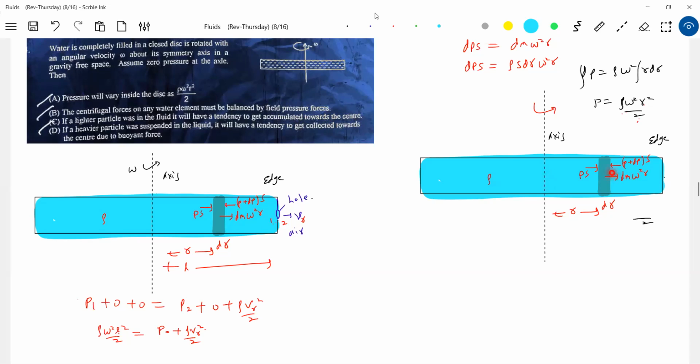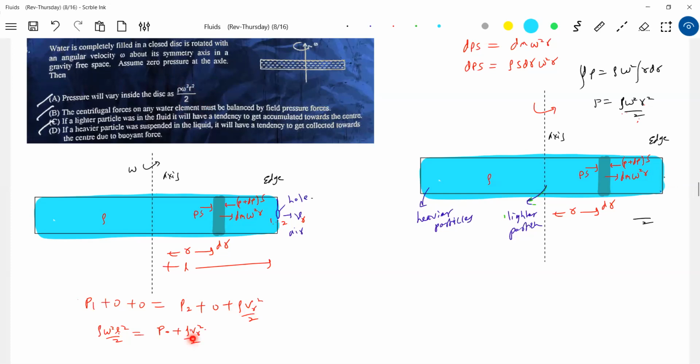Lighter particle, mass will be less, so the heavier particle will be here and the lighter particle will be here. If lighter or heavier particles are in this rotating liquid column, they will settle accordingly. And if a small hole is made, the velocity of efflux follows.